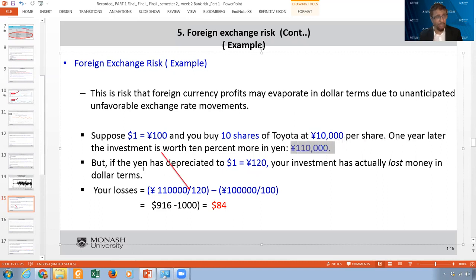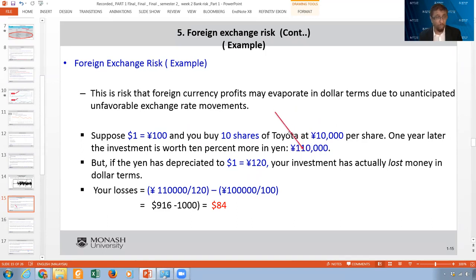But the problem is there was a depreciation of the yen against the dollar. The rate was 100, and now it moved to 120. You are gaining in yen, and your original investment was 100, now it's 110.